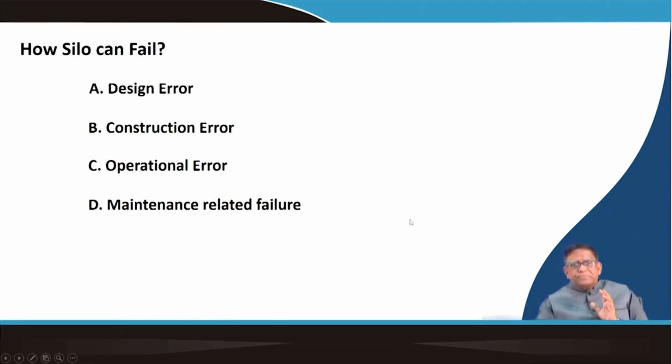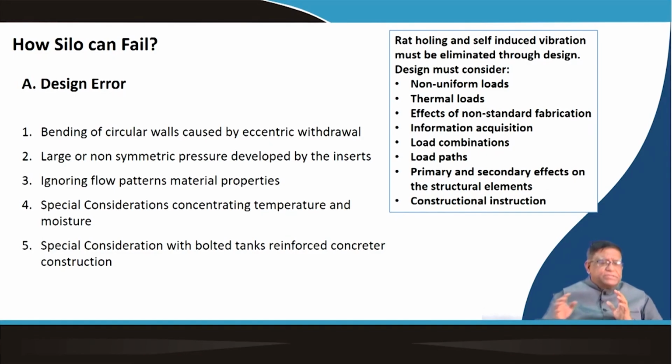So, when we go for a study of a silo, as we are telling one by one, let us discuss the design error. It can be a bending of the circular walls caused by eccentric withdrawal.